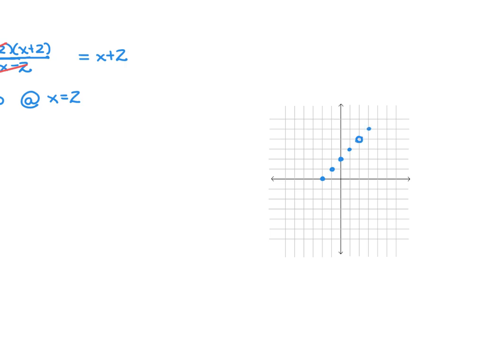And we continue on. And so what my graph is going to look like is something like this. We have a hole at 2, 4.